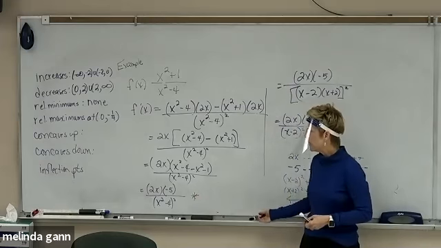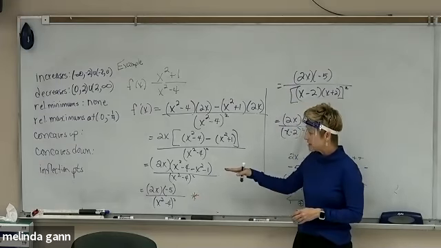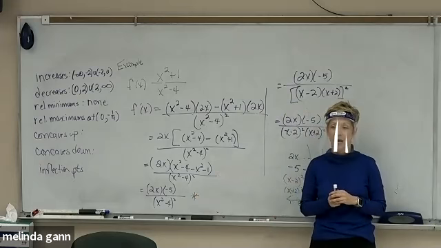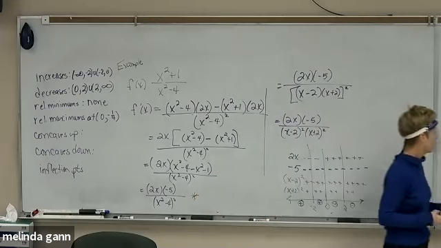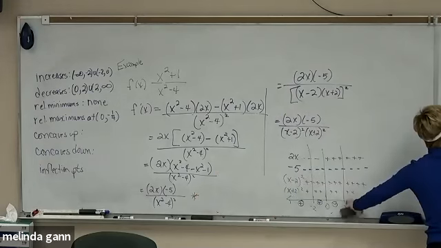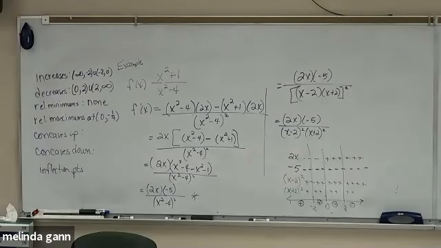And I would even fix the top. What can I turn that top into that would be easier, so I wouldn't have to use the product rule? -10x. There we go. So sometimes when you're about to do the second derivative, go back to what I call a friendly form of your first derivative.